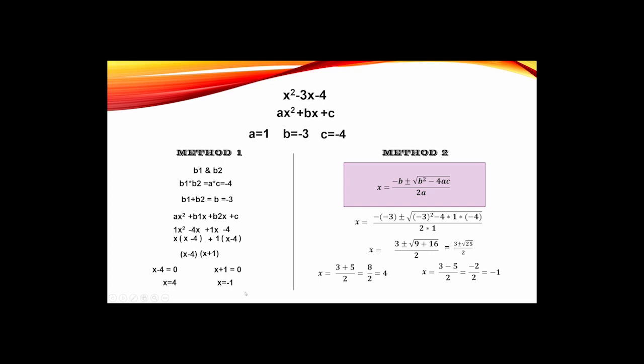Okay, now let me go to another example, that is x square plus 7x plus 3, which is in the form of ax square plus bx plus c, where we have a equal to 1, b equal to 7 and c equal to 3.